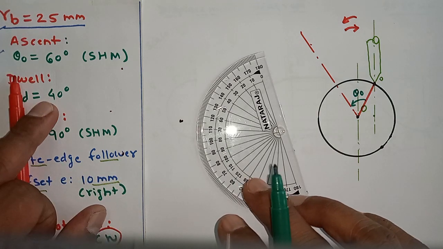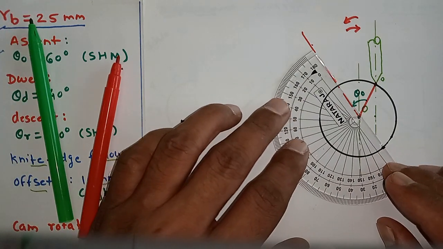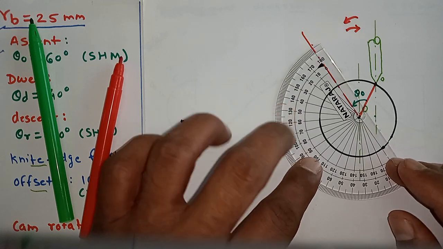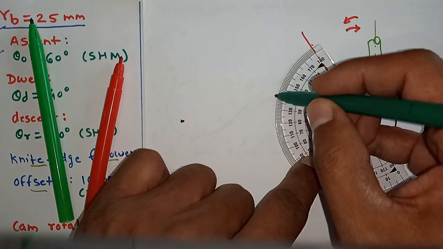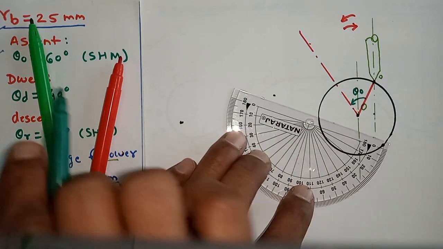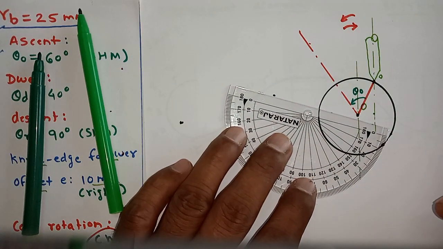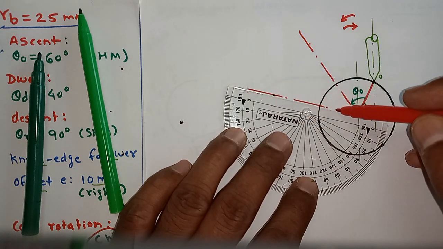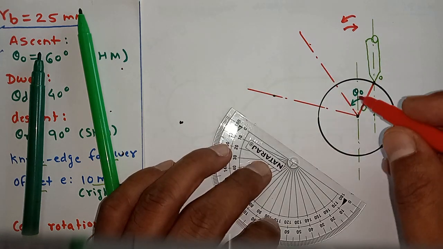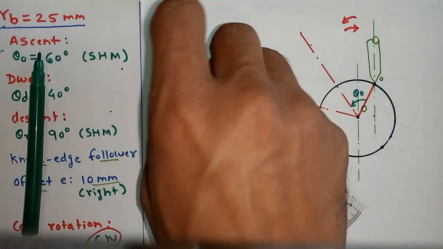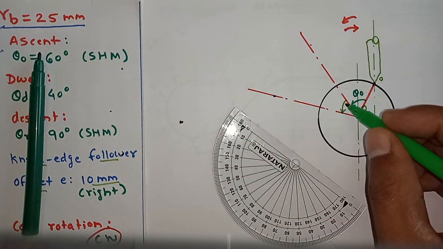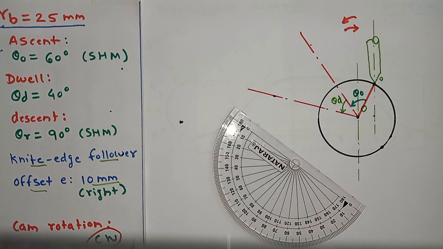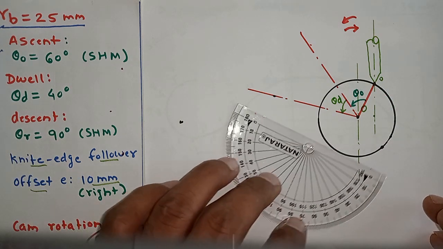Next is the dwell period of 40 degrees. So I will name it as theta D. And the last one is return stroke of 90 degrees.